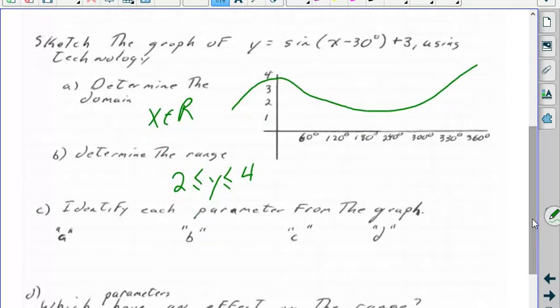And if we look at our parameters here, A is equal to 1, B is equal to 1, C is equal to a positive 30, and D is equal to 3.